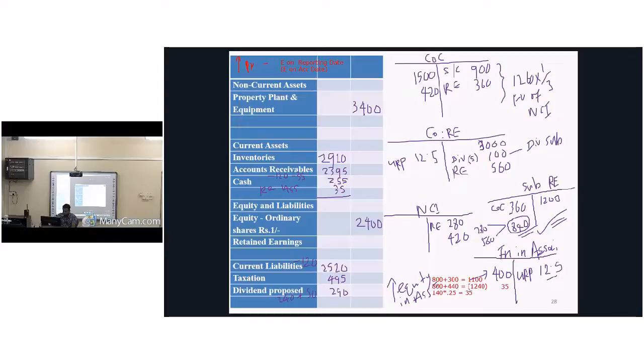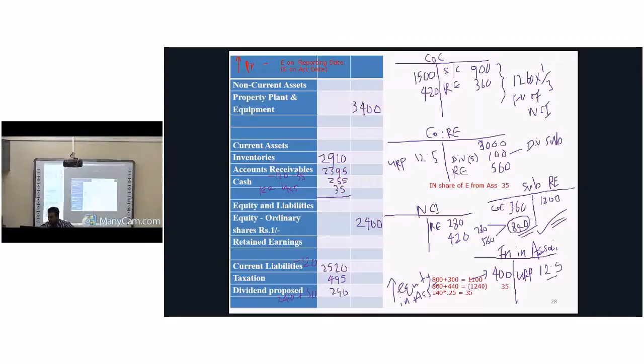We call it increase in share of equity from associate. Increase in share of profit from associate is 35. Understand?